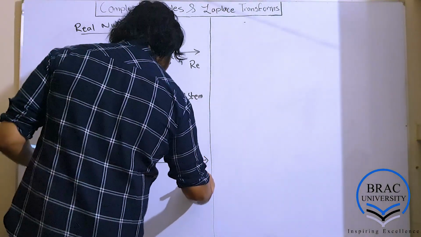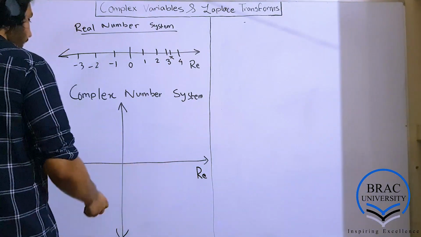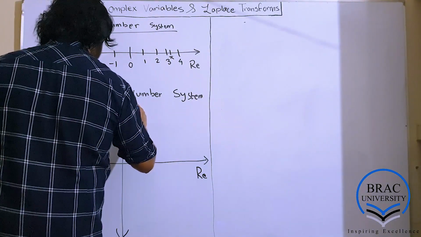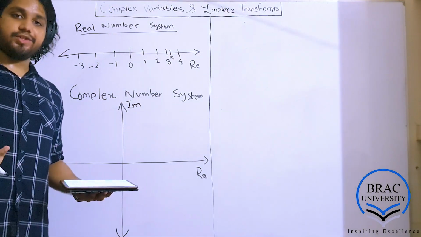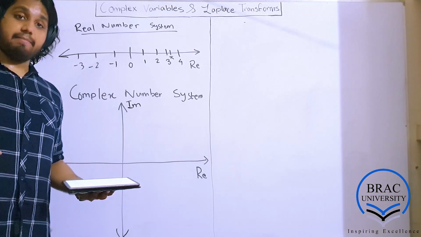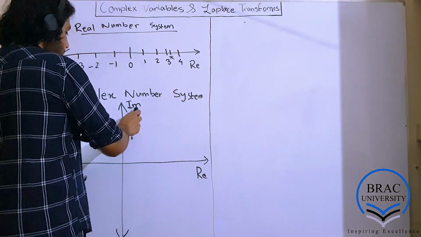Here is this real counterpart, and there's also an imaginary counterpart, since complex number systems are an amalgamation of real numbers and imaginary numbers. So here you must include a real number part and an imaginary number part.